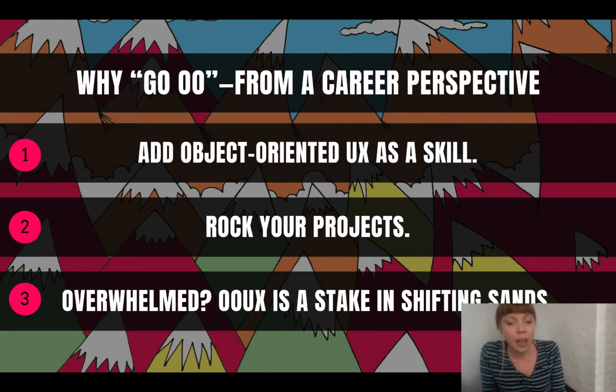Also, it's just going to help you rock your projects, even the really, really complex ones, especially the really complex ones. When you have this process, you're going to feel so much more confident getting started with projects, creating common understanding amongst team members, especially distributed team members or cross-functional team members. And also, number 3, in those really, really complicated projects, object-oriented UX is like a stake in the shifting sands.